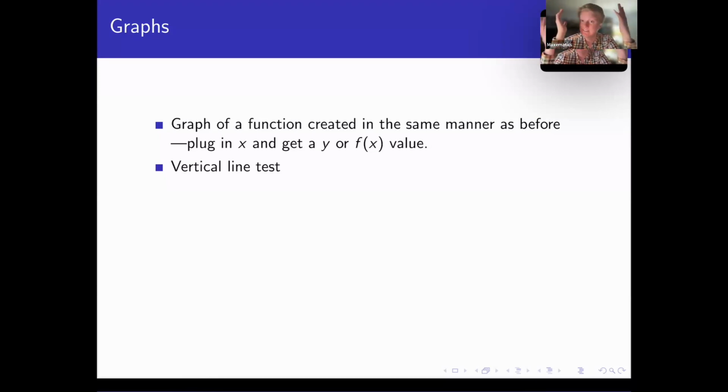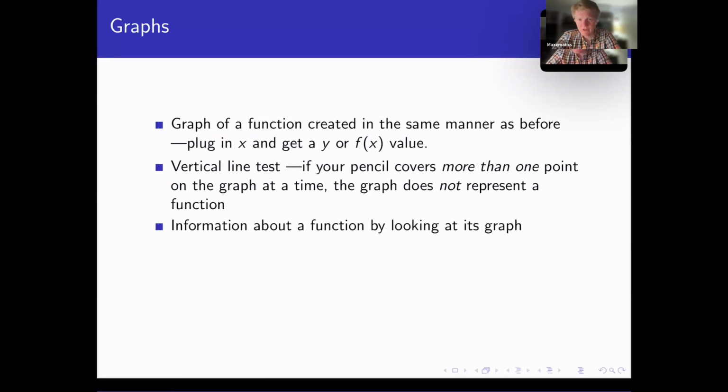So vertical line test says if your vertical finger covers 2 points at once, it is not a function. Okay, finger, pencil, whatever works for you, right?